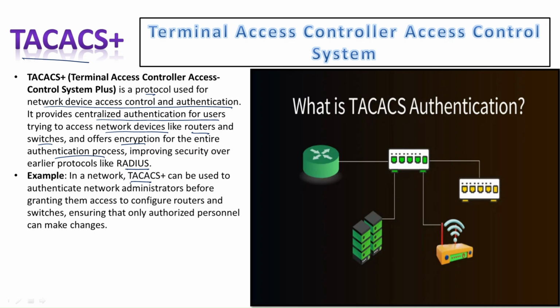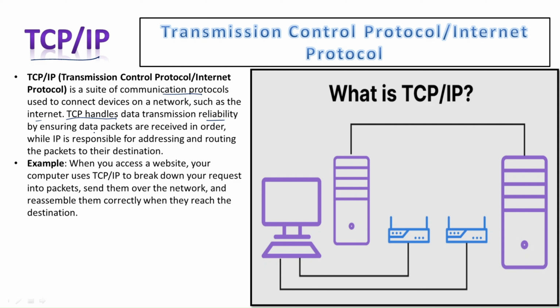TCP handles data transmission reliability by ensuring data packets are received in order, while IP is responsible for addressing and routing the packets to their destination. For example, when you access a website, your computer uses TCP/IP to break down your request into packets, send them over the network, and reassemble them correctly when they reach the destination.